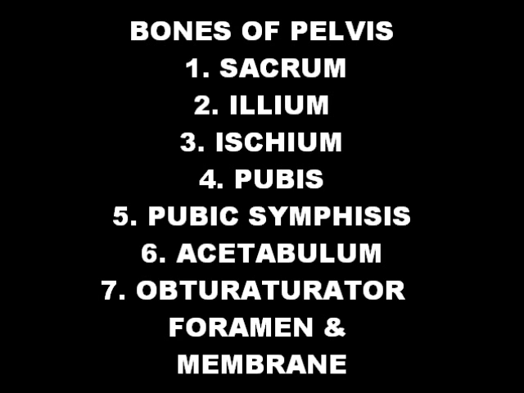Number six on the diagram is the acetabulum. An acetabulum is basically where your hip socket is, where your hip bone connects to your pelvis. Seven is the obturator foramen. Foramen means opening, by the way, so it's the opening for the obturator and the membrane.